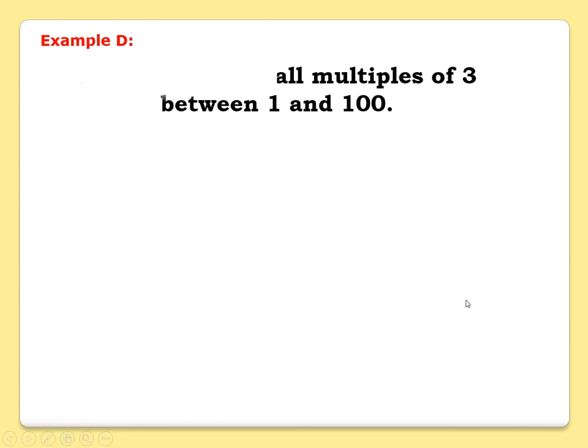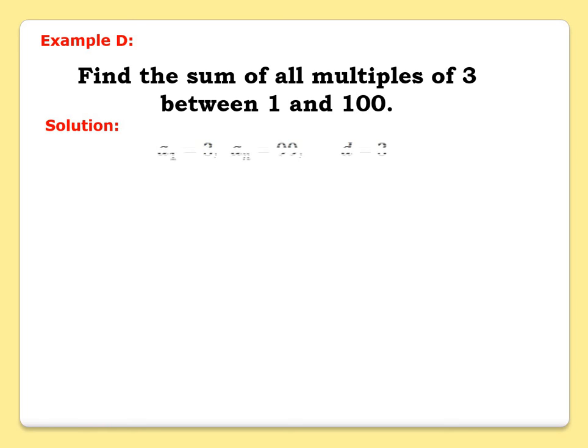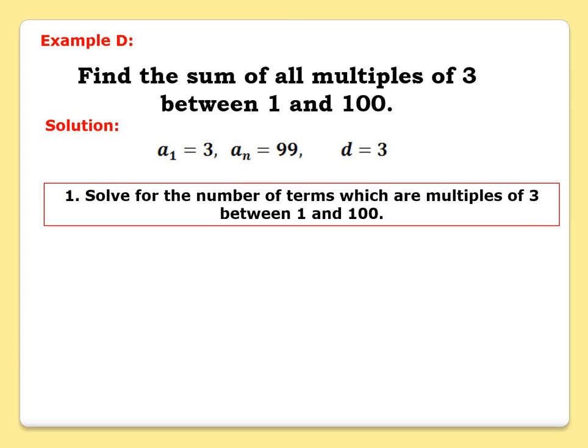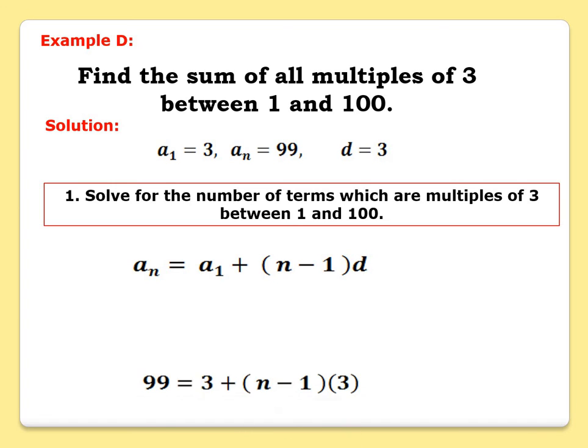Example D. Find the sum of all multiples of 3 between 1 and 100. Let's have the solution. These are the given. A sub 1 is 3, a sub n is 99, and d equals 3. First, solve for the number of terms which are multiples of 3 between 1 and 100. So we use this formula, a sub n equals a sub 1 plus n minus 1 times d.